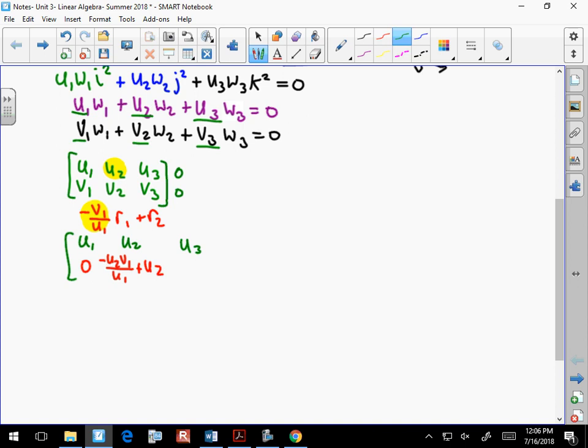So then the next one would be negative U3 V1 over U1. Now, that being said, I think I made this into a U2 here, so let me fix that.